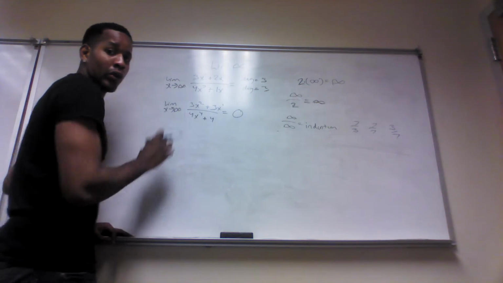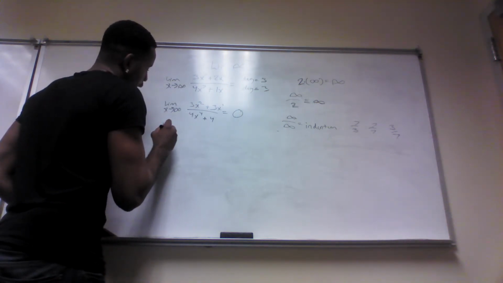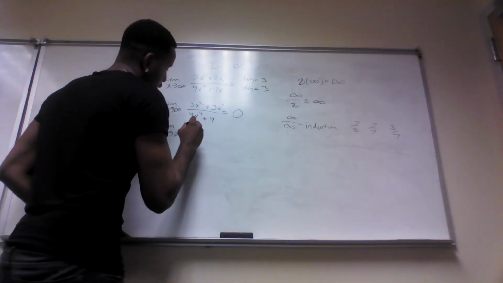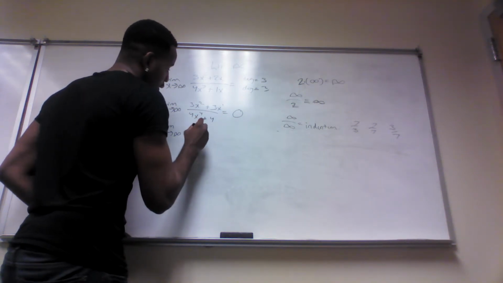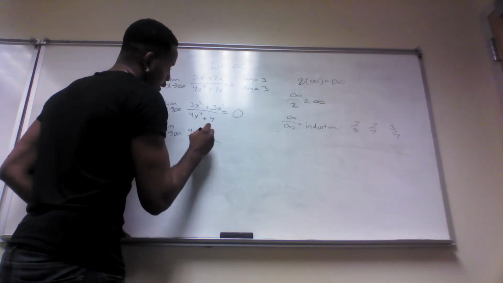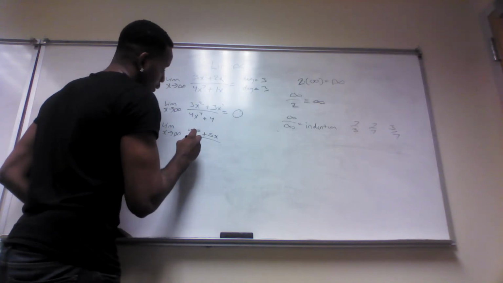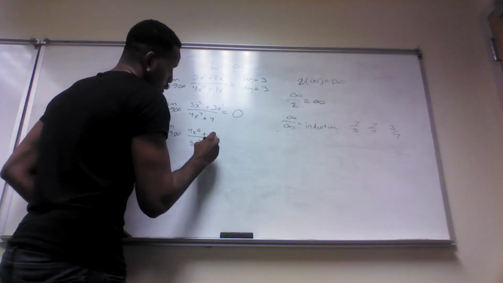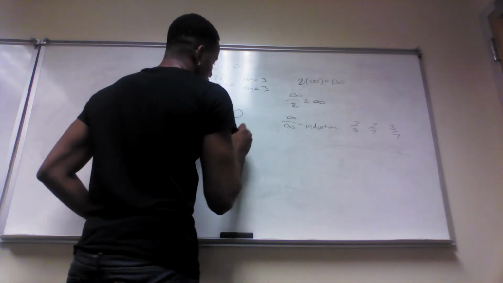But if we switch it over, with the limit as x approaches infinity and the degree on the top now bigger than the degree on the bottom, 5x over 3x, this is going to give us infinity.